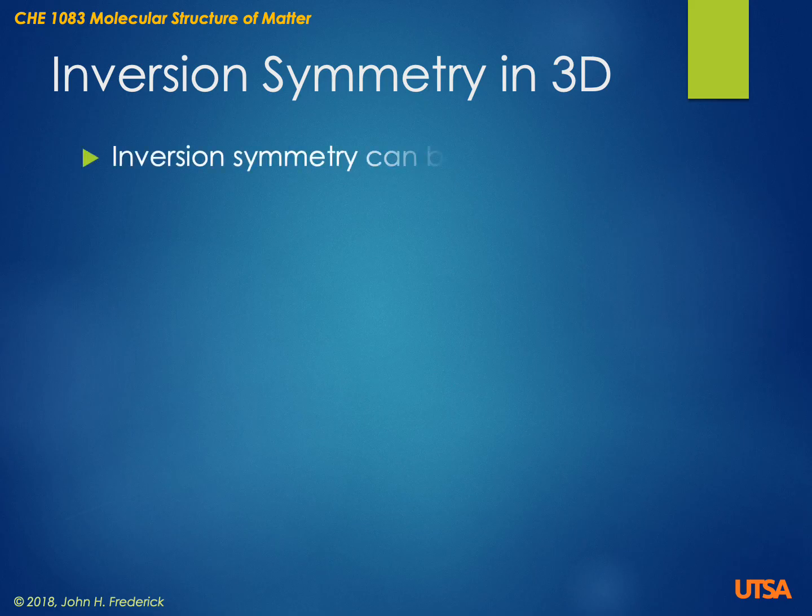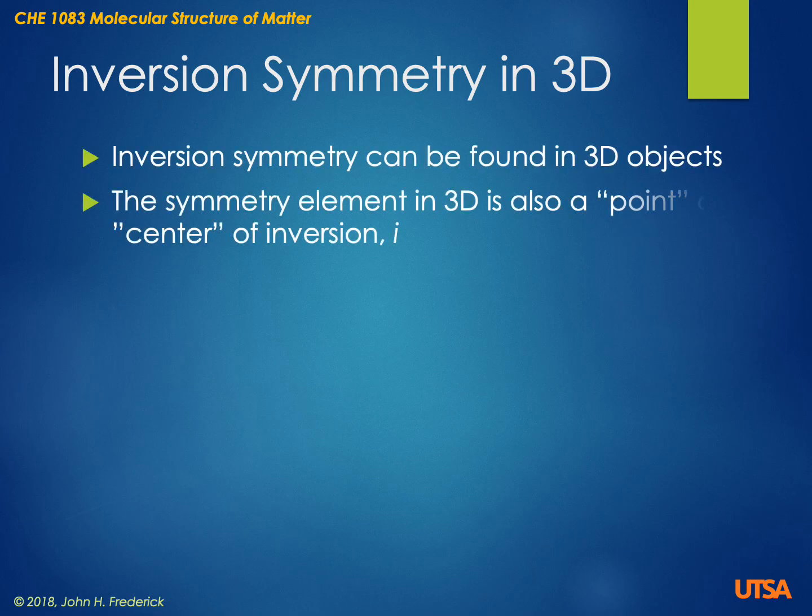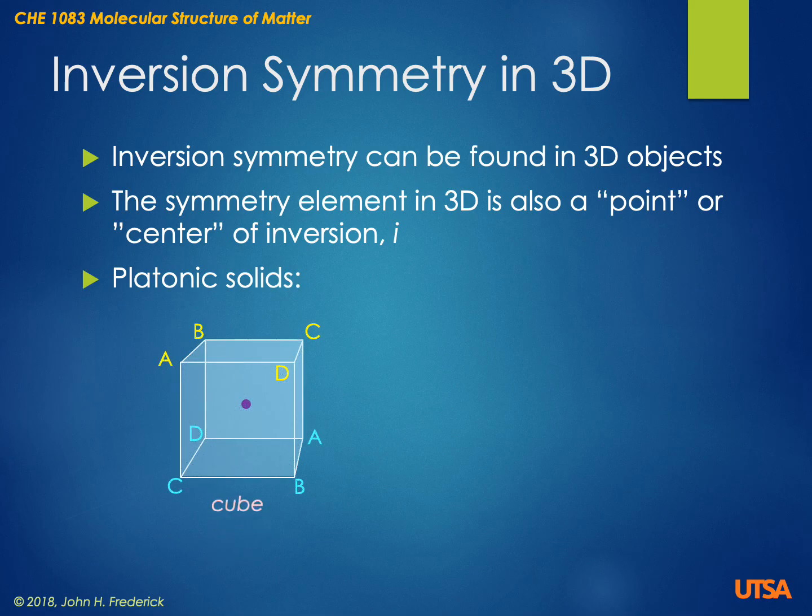3D objects can also show inversion symmetry. In this case, we also have a point or center of inversion, and we also use the symbol I to denote it. Platonic solids are a great example of 3D objects with inversion symmetry. So for example, a cube.